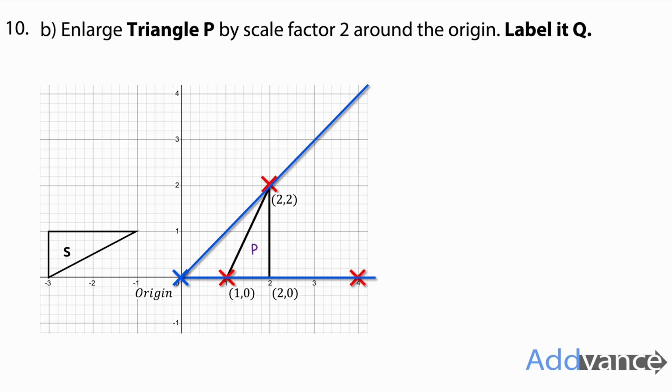It looks like this, move it twice as far away, and then the final corner is 2 times further away like this, and we've moved all the corners twice as far away, and it gets you this triangle here, which we're going to label triangle Q. We've enlarged it by scale factor 2 around the origin.